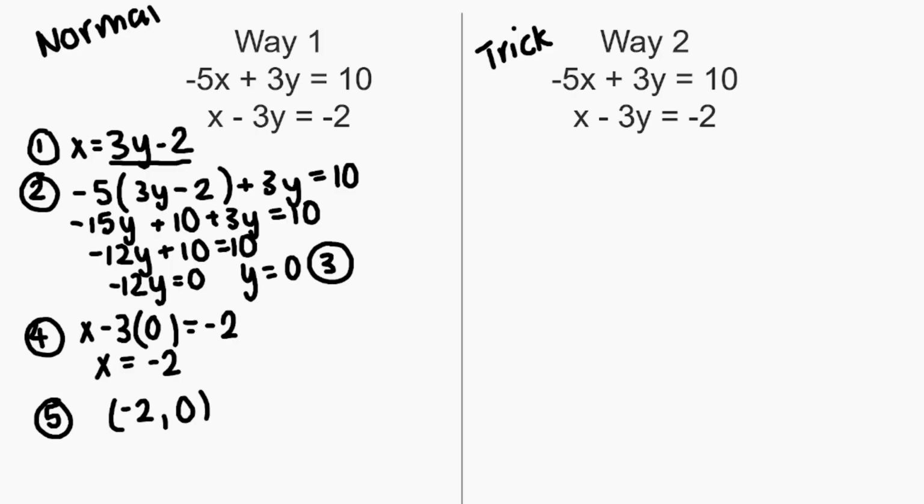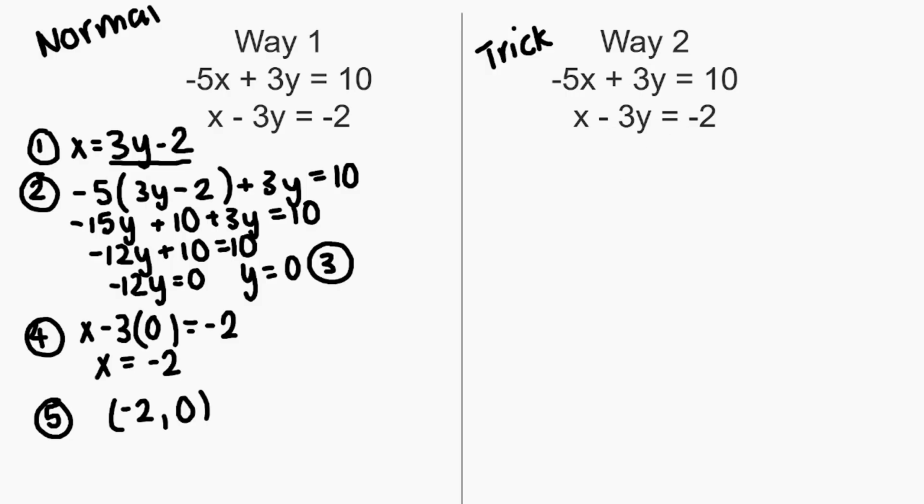Our way 2 is kind of a shortcut or a trick that can be used for certain equations, not all of them. Okay, and the trick is going to be simplifying without substitution. So in this case, we have negative 5x plus 3y equals 10, and x minus 3y equals negative 2.